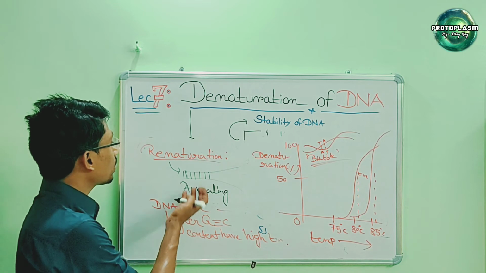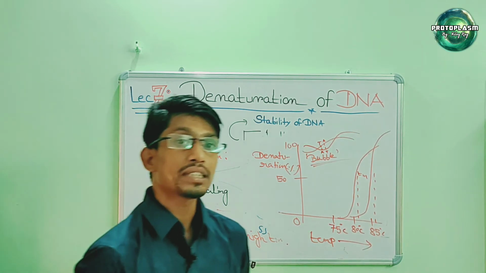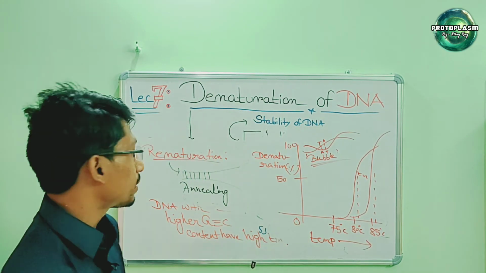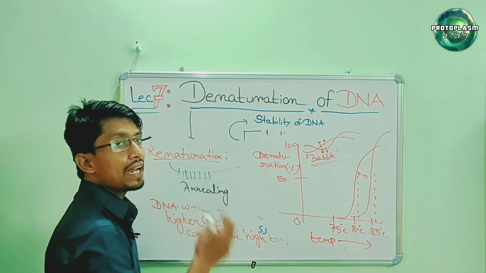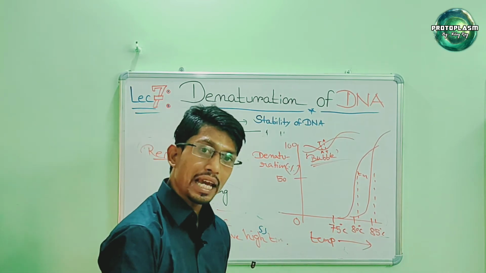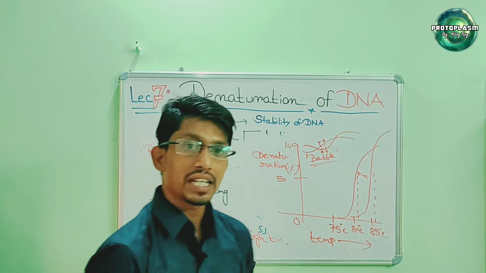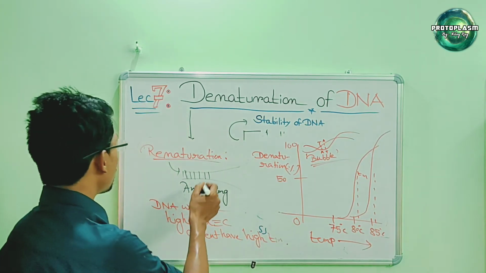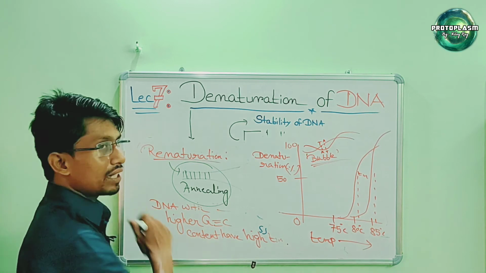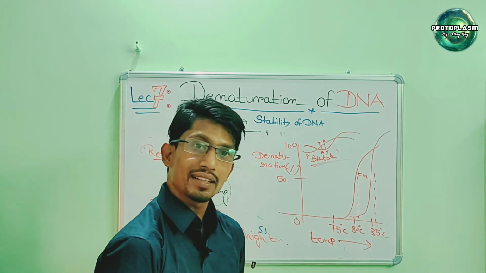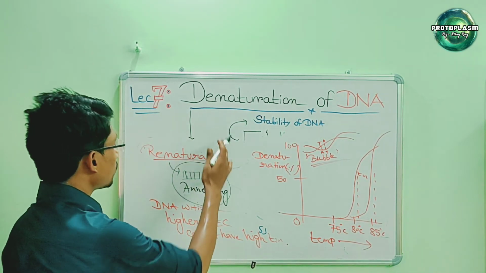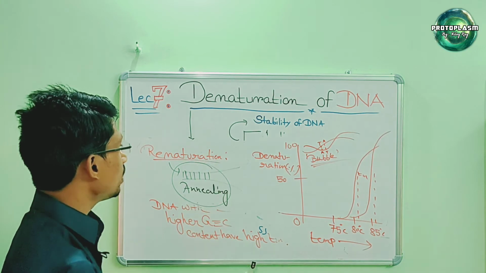So if the DNA molecule after denaturation is allowed to cool at room temperature, the bases can again form hydrogen bonds between them, and this is known as the renaturation of DNA. This has a practical implication in the PCR experiment. Okay, clear? So this was the basis of denaturation.